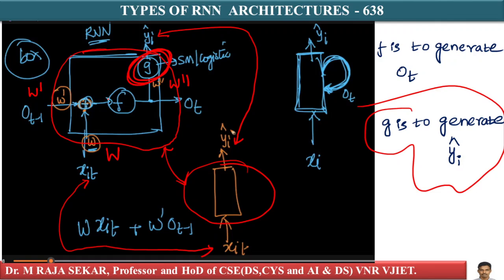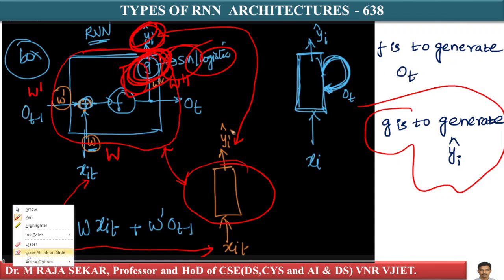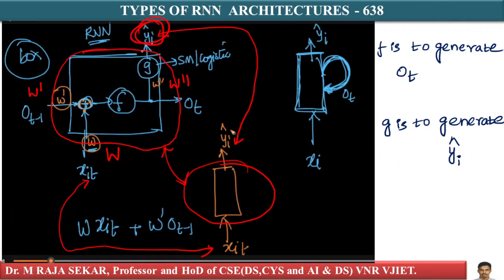G can be sigmoid or softmax layer to generate yi cap. The purpose of G is to generate yi cap, isn't it?